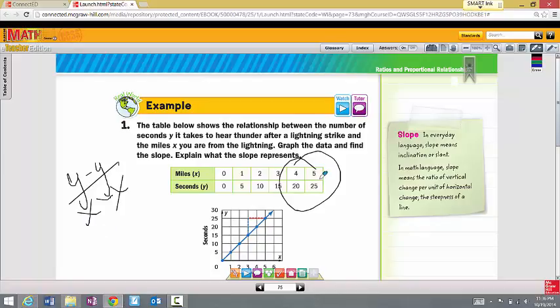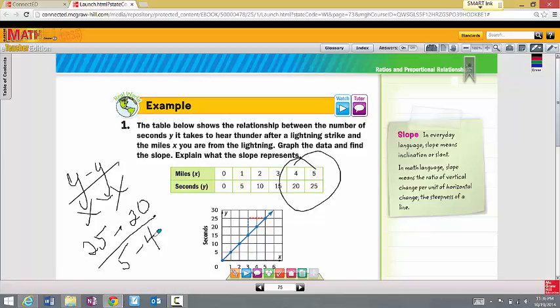Whatever you start with in your Y, you have to start with in your X, so that you're starting with the same point. So it's 25 minus 20 over 5 minus 4.